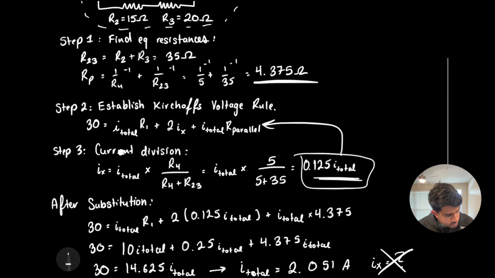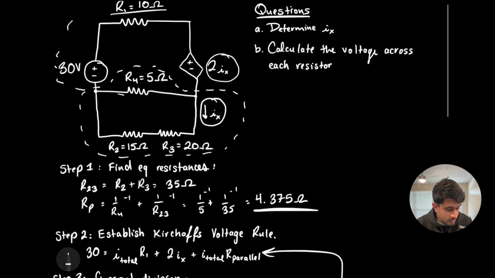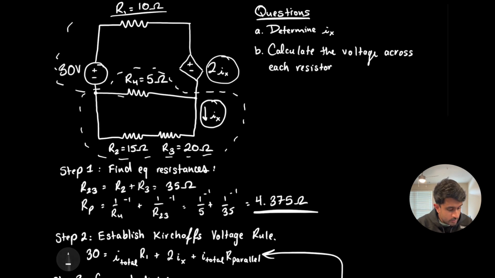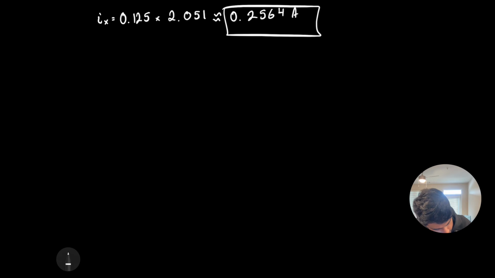Now part B is to calculate the voltage across each of the 4 resistors. This shouldn't be that hard. We have the values of the resistors and we have the values of all the currents that go through those resistors. Therefore, a simple Ohm's law calculation shouldn't be that bad. So, part B, let's go.